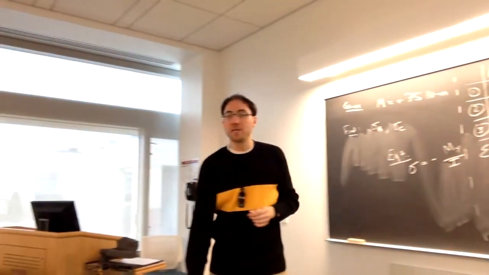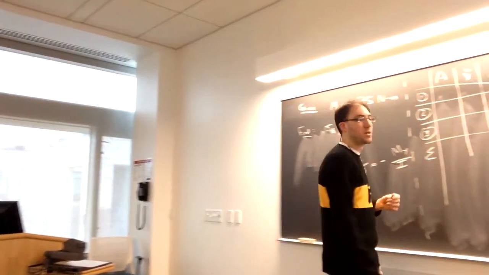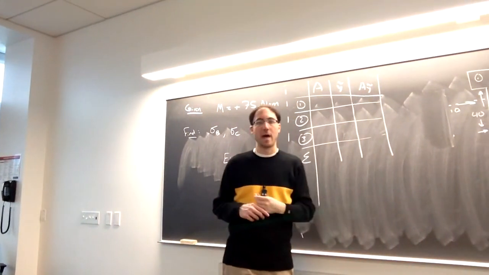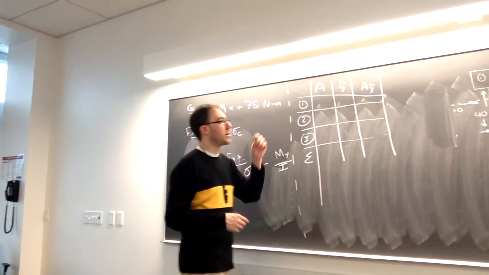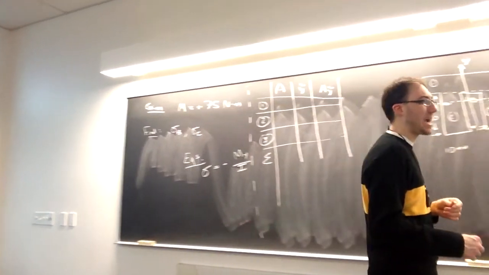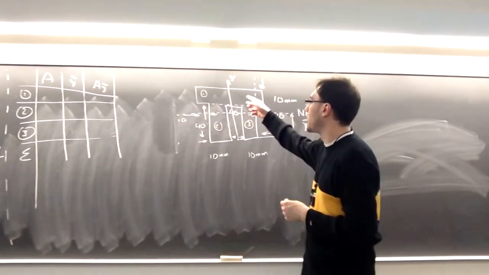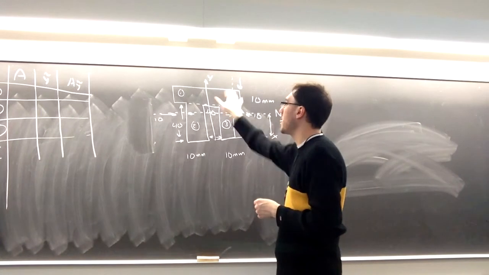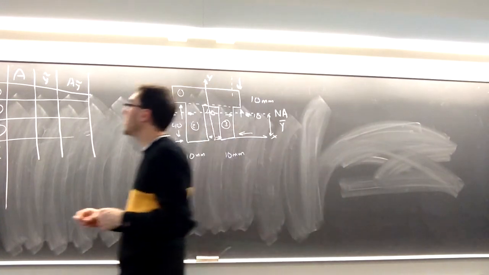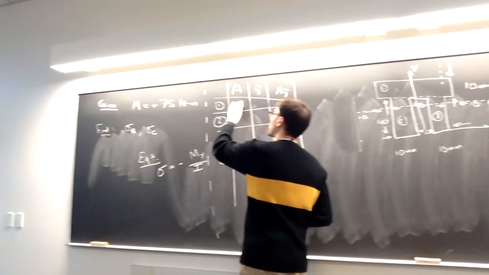Right, so the first step is we need to find where the centroid is, again, which is the same as the neutral axis for this. So for each shape, we want to find each shape's area. For shape number 1, it's 10 millimeters high. It's 80 millimeters wide. So the area is going to be 800 square millimeters.